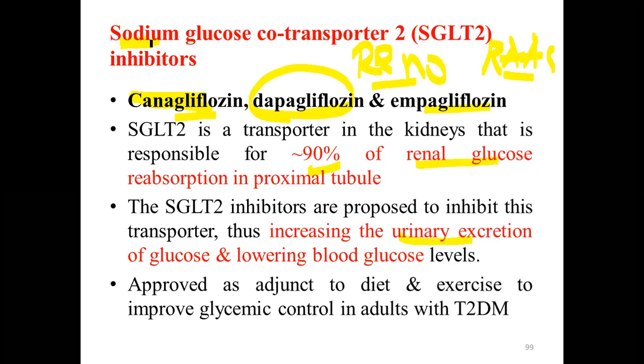Even recently, dapagliflozin, you can go and check, is approved for treatment of heart failure. It is an anti-diabetic medication, but it has some effect to reduce the progression of heart failure. It was approved in May 2020 by the FDA of the US.